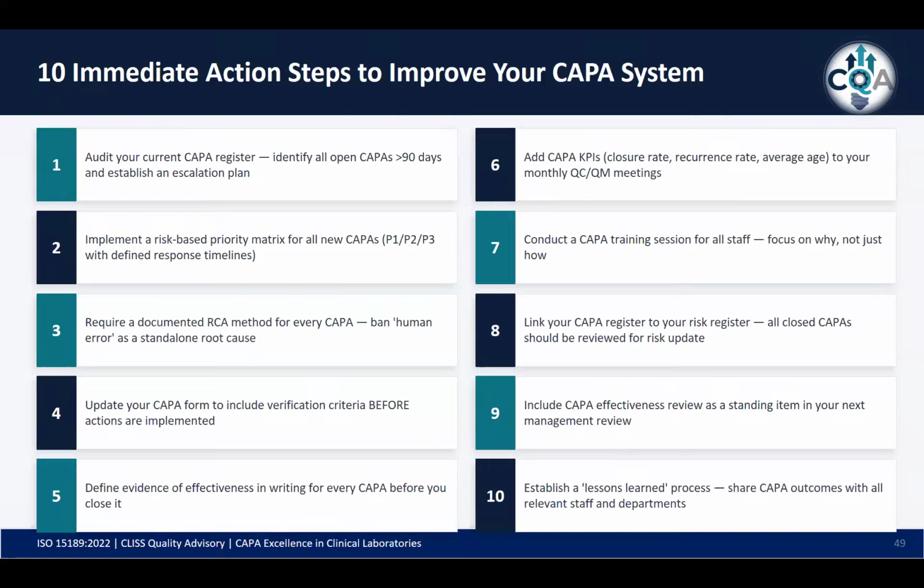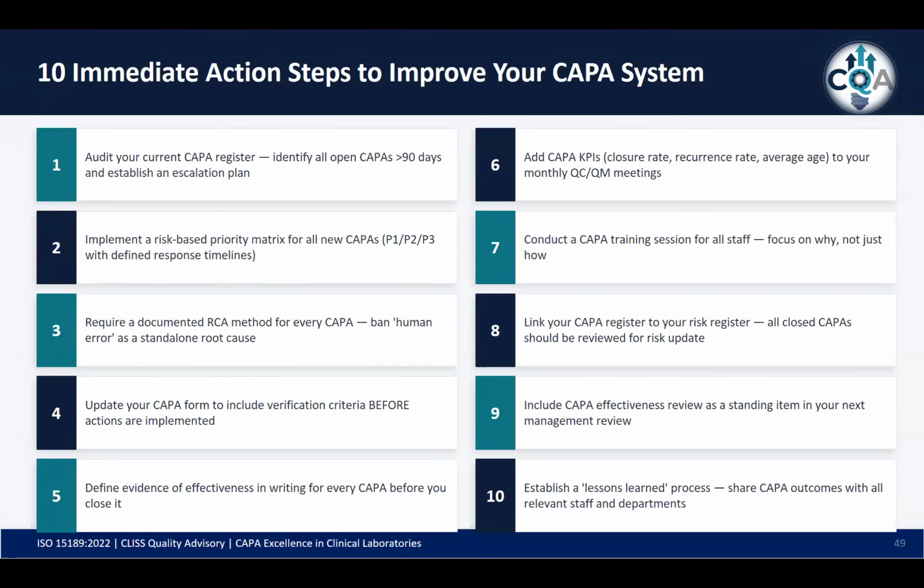We are available to train your teams and equip them so that they move from just compliance to excellence in managing non-conformities. Link your CAPA register to your risk register so that all closed CAPAs should be reviewed and update the risk register appropriately if there is a need. Include CAPA effectiveness review as a standing item in your next management review.